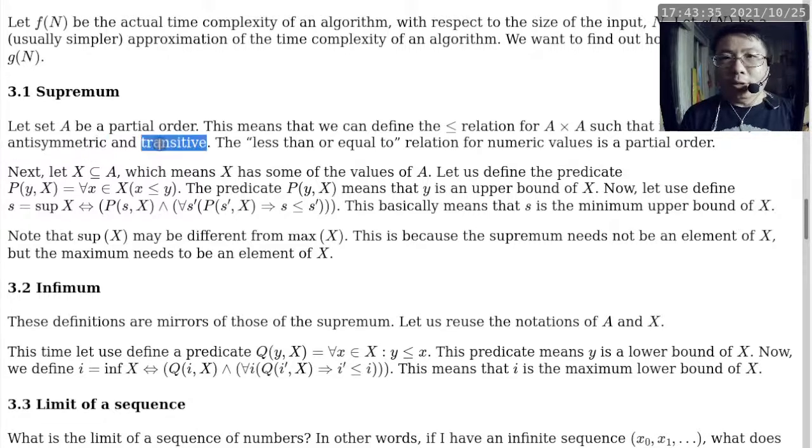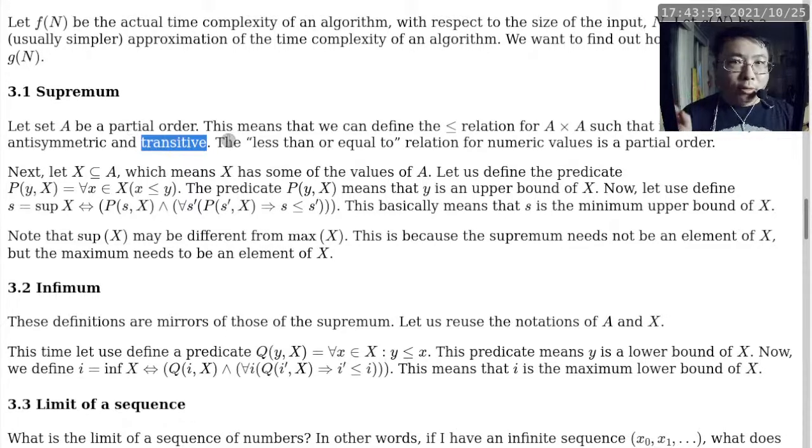And then they're transitive as well. Transitive is basically saying if A is at least as attractive as B and B is at least as attractive as C, then A is at least as attractive as C. These three are the only three that are needed in order for a relation to be partially ordered.